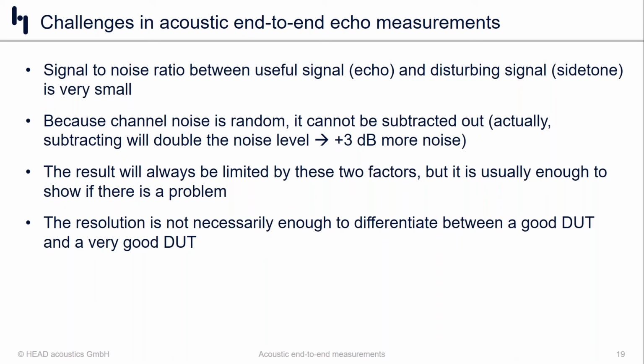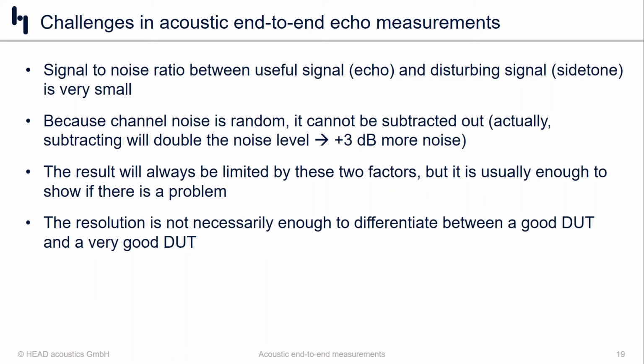And then, unfortunately, the channel noise, so not the acoustic noise, but the channel noise that occurs on our transmission path, is going to be random, and we cannot subtract that out using TNC. In fact, what we end up doing is we actually end up doubling that noise. Now, fortunately for us, that channel noise is relatively low level, but those two factors combined does mean that there are some limitations.